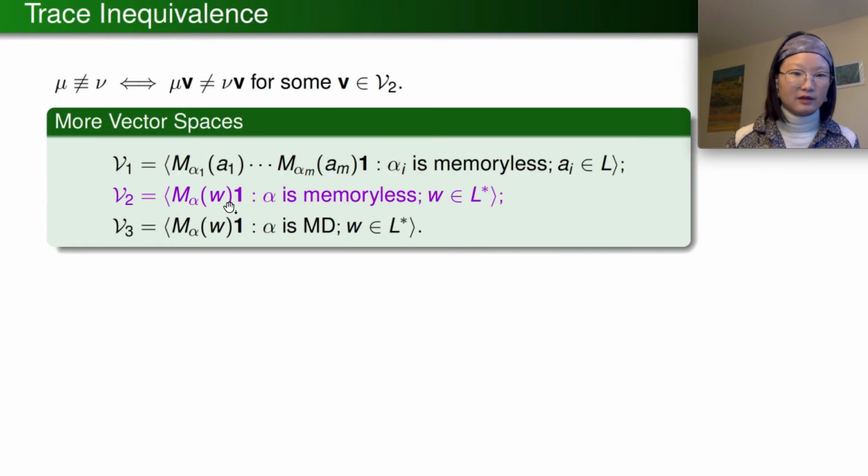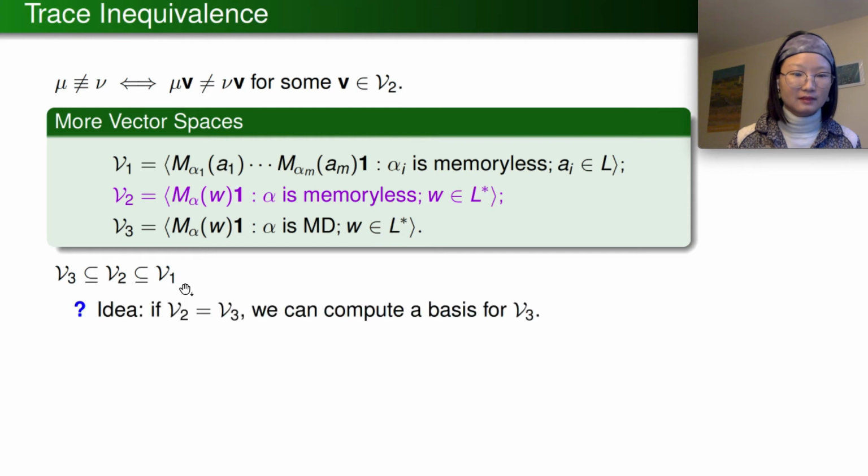So let's define some more vector spaces. V3 here is very similar to V2, but we are only allowed to use MD strategies for the vectors in V3. This makes V3 a subset of V2. And for the vector space V1, for every label, we are allowed to choose a different strategy. This makes V2 a subset of V1. Now we have a second idea.